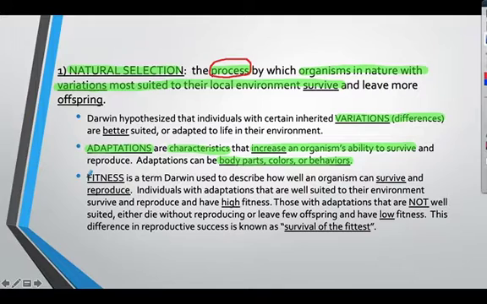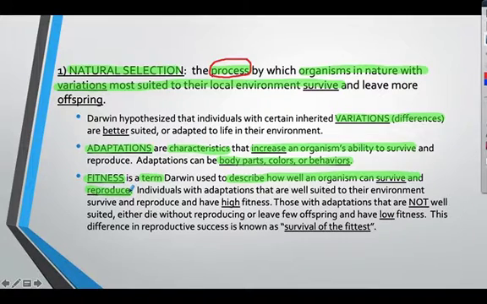Okay, another term that you want to associate with natural selection is the term fitness. This was a term that Darwin used, and let's highlight the word term. This is used to describe how well an organism can survive and reproduce. So basically, the higher the fitness, the better adapted the organism is.